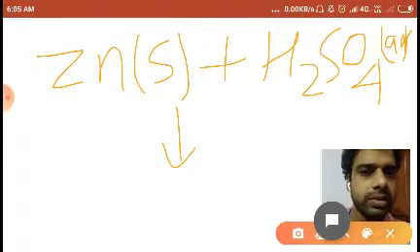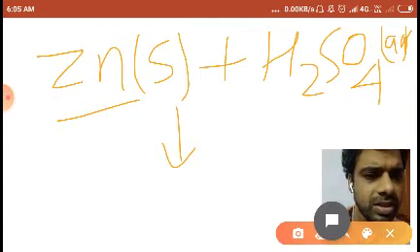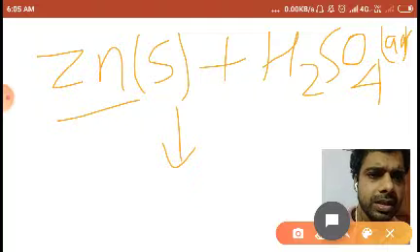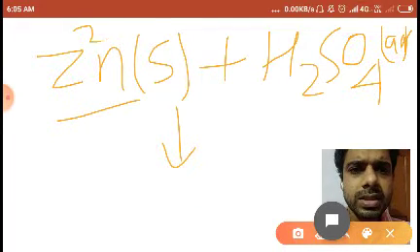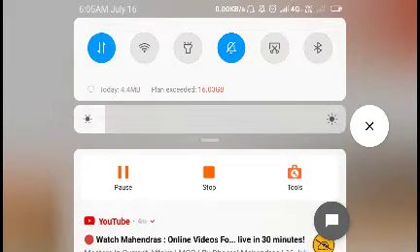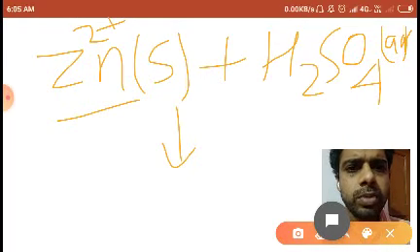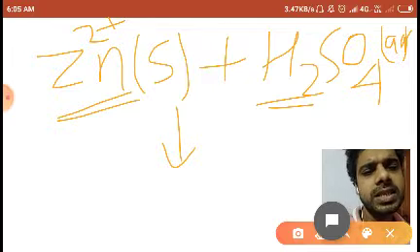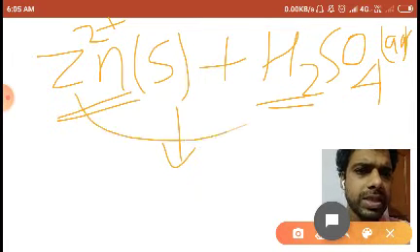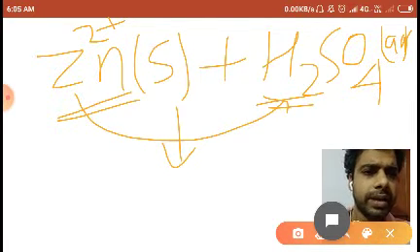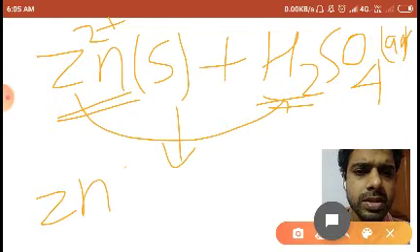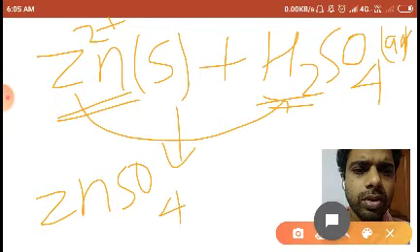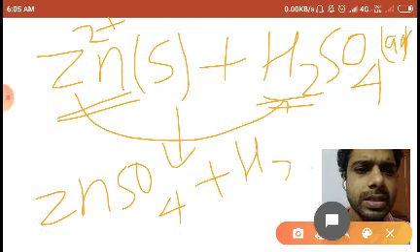Okay now, so what will it do? It is a displacement reaction, dear students. Zn is more reactive, and hydrogen is less reactive, so Zn will displace hydrogen from its position, and it will form ZnSO4 plus hydrogen gas.